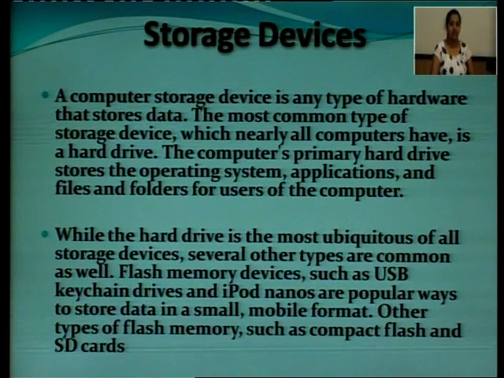While the hard drive is the most ubiquitous of all the storage devices, several other types are common as well. Flash memory devices such as USB keychain drives and iPod Nanos are the most popular ways to store data in a small mobile format. Other types of flash memory are compact flash and SD cards.